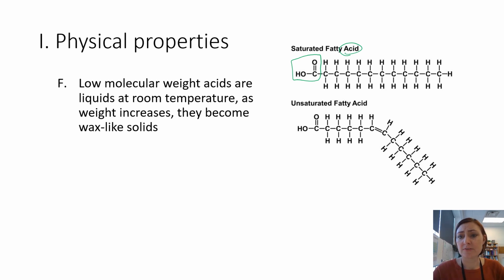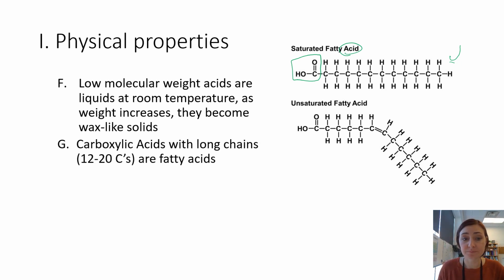So a saturated fatty acid, say like stearic acid, is going to be more solid, more of that lard consistency or a wax-like solid at room temperature, versus an unsaturated fatty acid, which is going to be liquid at room temperature. But again, that also corresponds to the number of carbons in the carboxylic acid, not just the level of saturation. Or unsaturation, I should say.